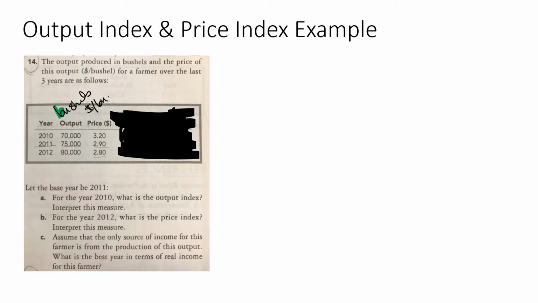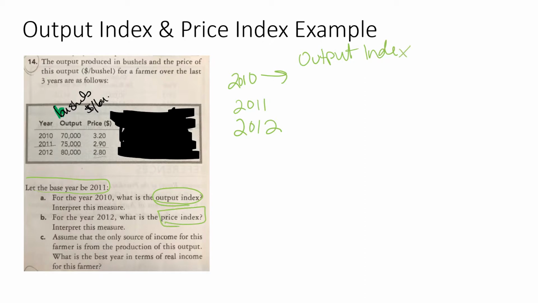Okay, so the first question that's being asked is, what is the output index for 2010? And it says let the base year be 2011. So we already know that the base output index, they want to know the output index, and then they are going to ask us for the price index too.